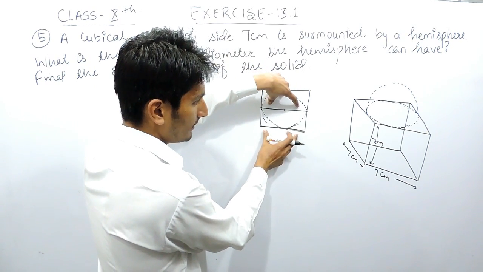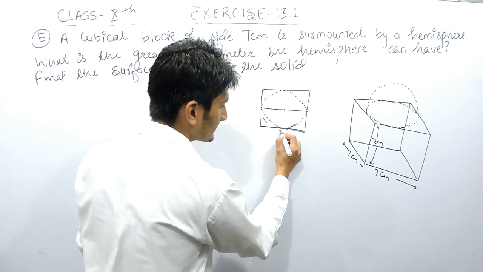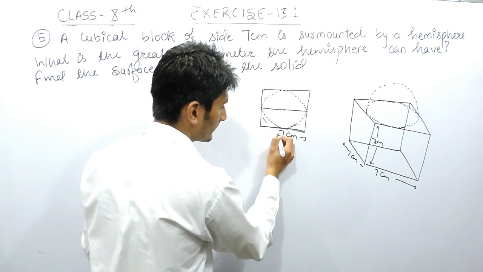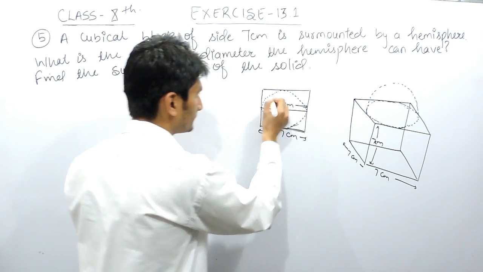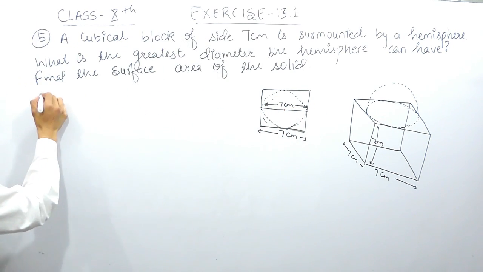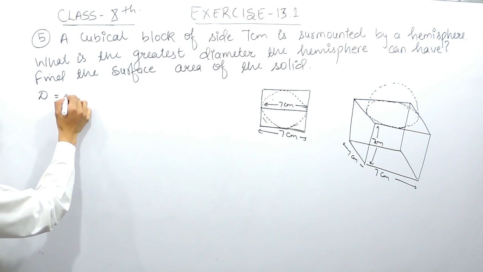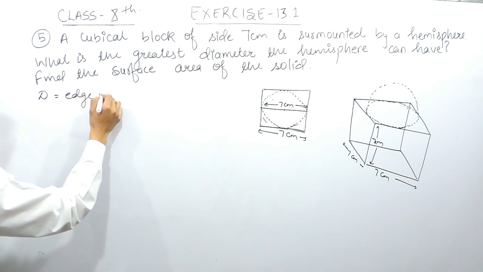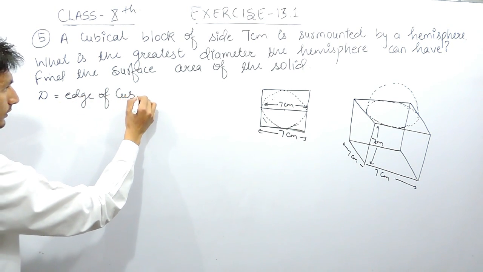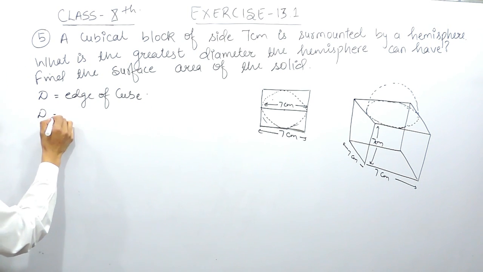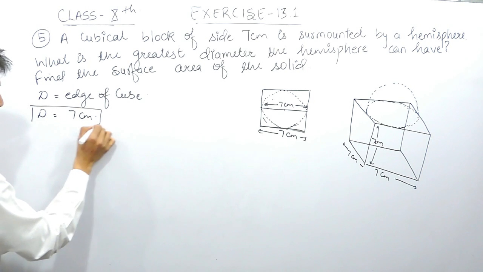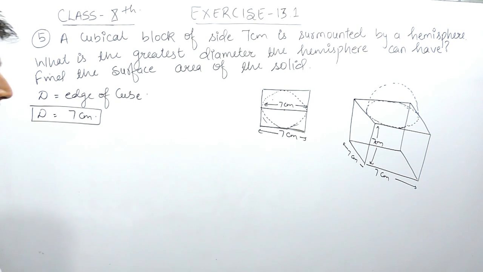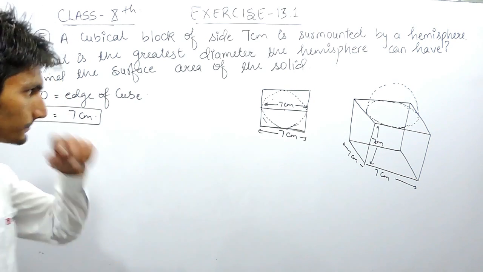So the diameter will be equal to the edge of this cube, and the edge is given to you as 7 cm. So the greatest diameter should be equal to 7 centimeters.